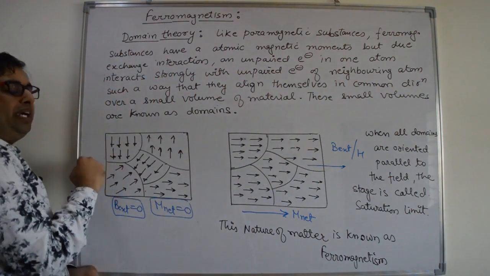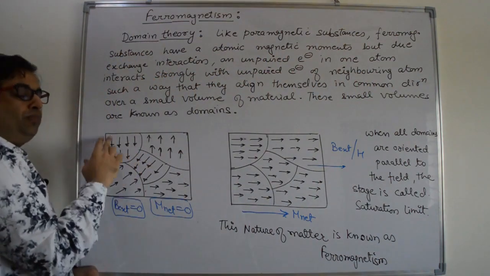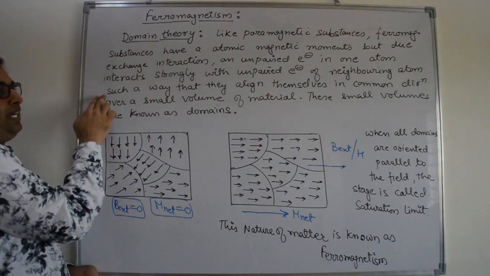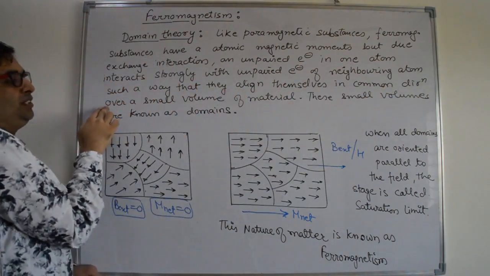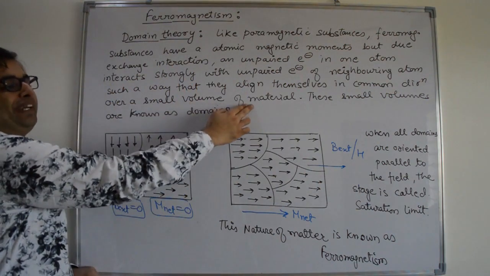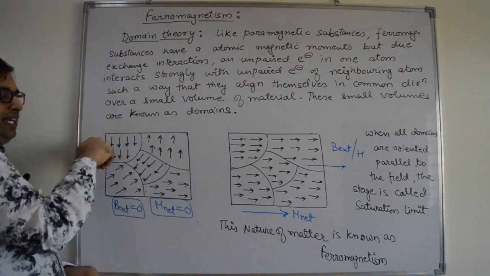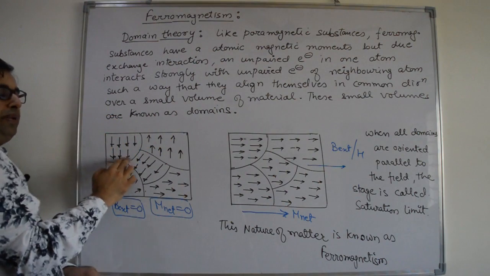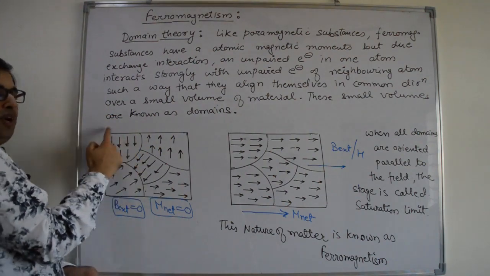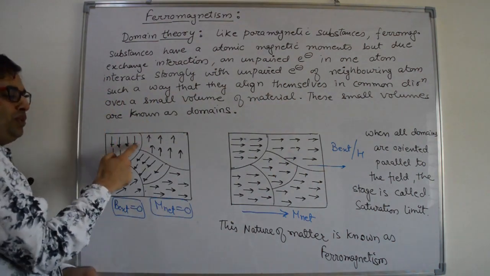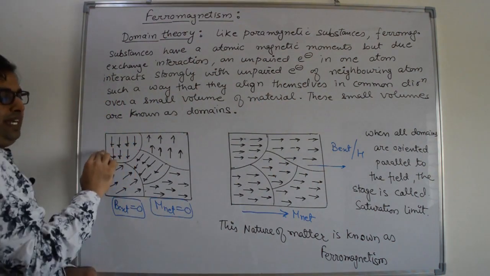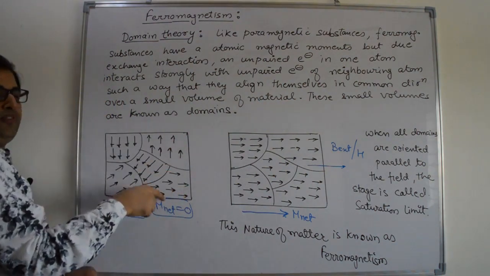There is strong interaction between two or more neighboring atoms and they align themselves in a common direction over a small volume of material, and this small volume is known as a domain, and this is representing number of domains.